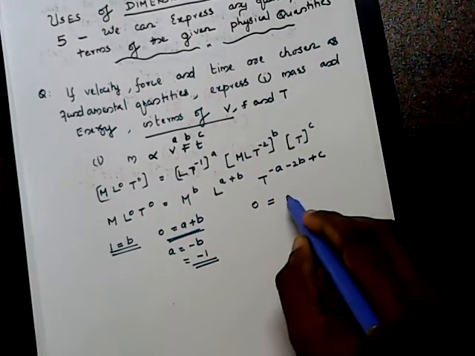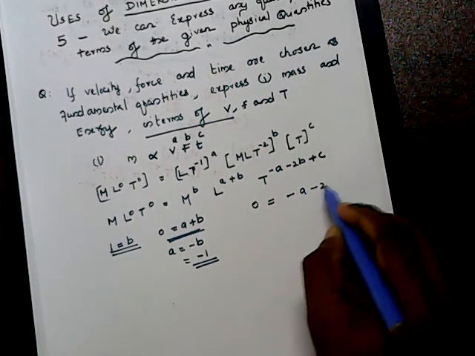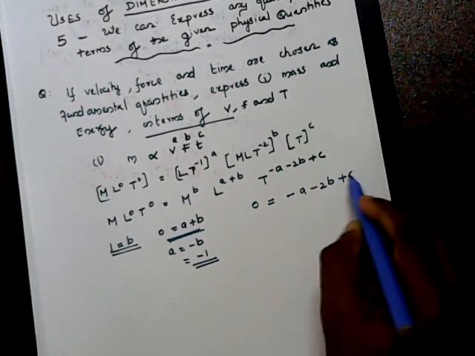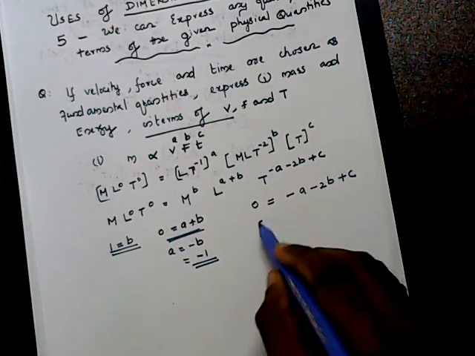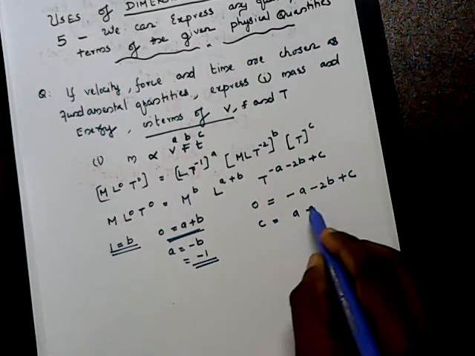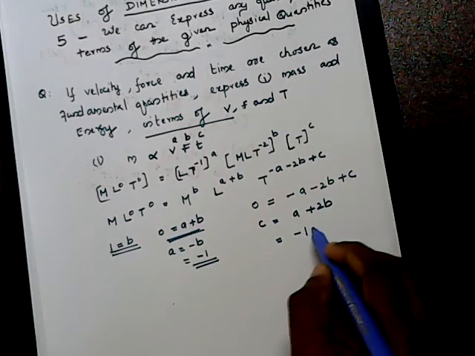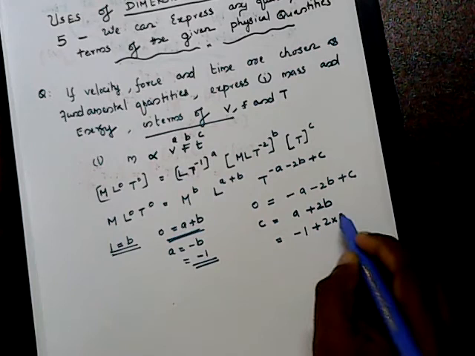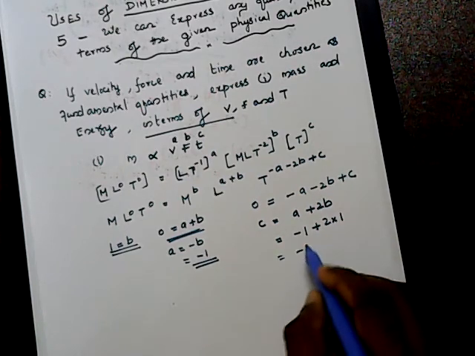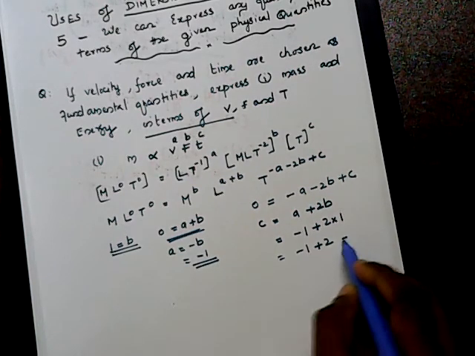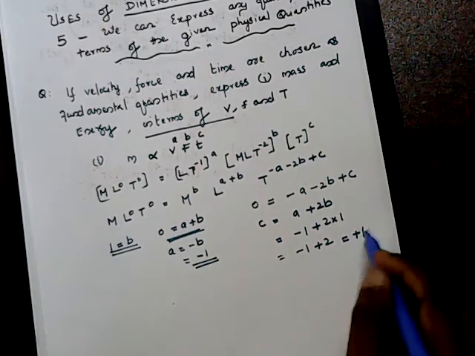So 0 equal to minus A minus 2B plus C. And our aim is to find the value of C. That is equal to A plus 2B. A is minus 1 plus 2 into B as 1. So equal to minus 1 plus 2. You get the value as plus 1.